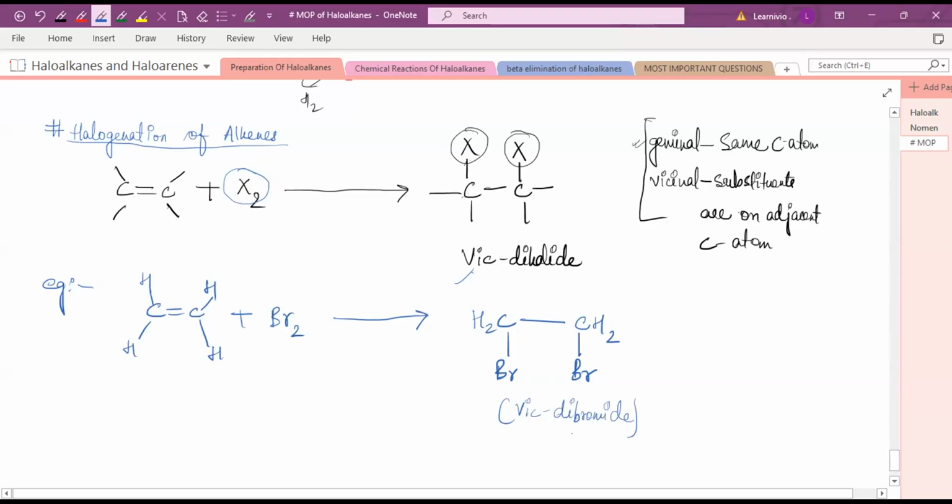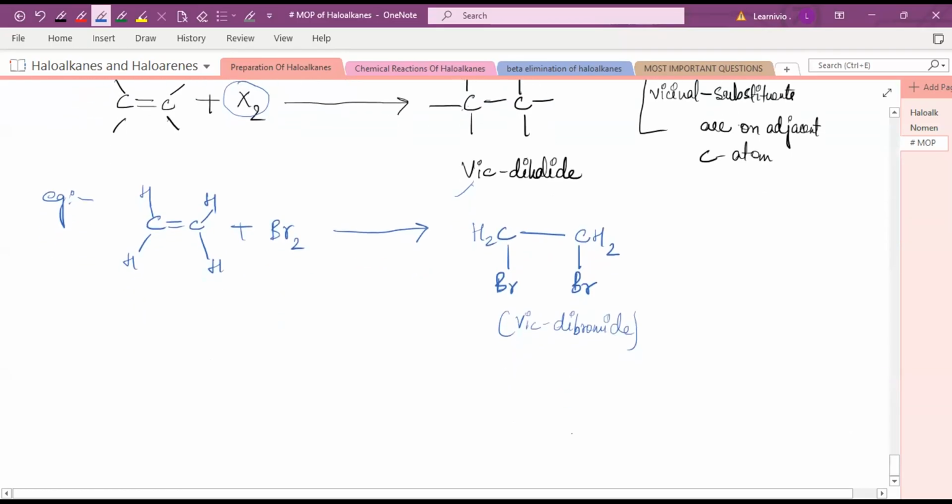Yes, ma'am. Marwa, clear? Yes, ma'am. Just note down one thing. This bromination is used as a test for unsaturation, whether your compound is unsaturated or not. You can write down as a note: bromination is used as a test for unsaturation.